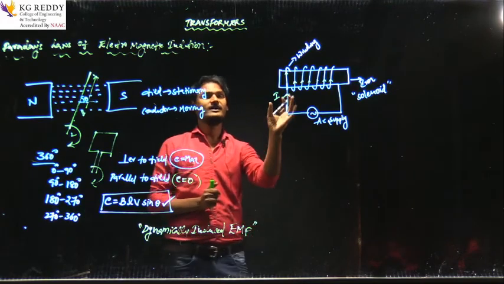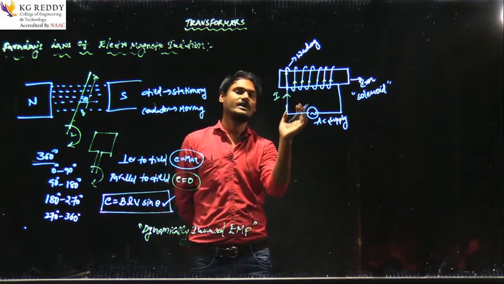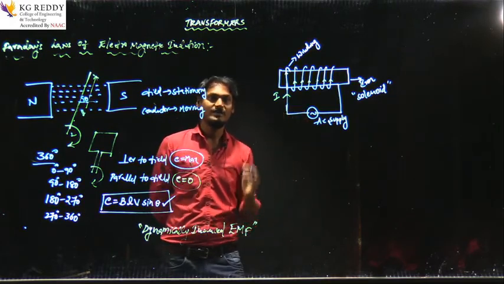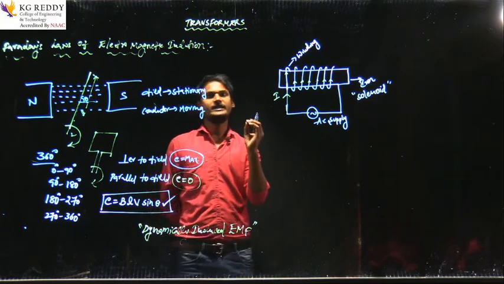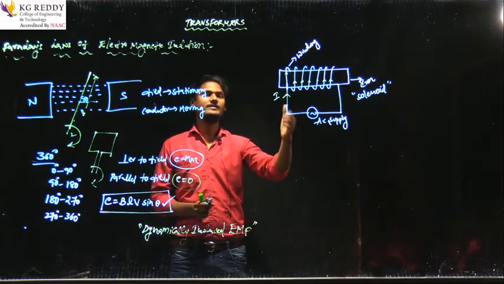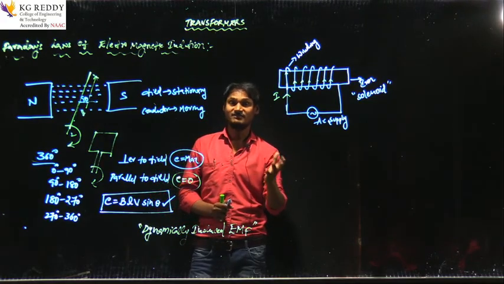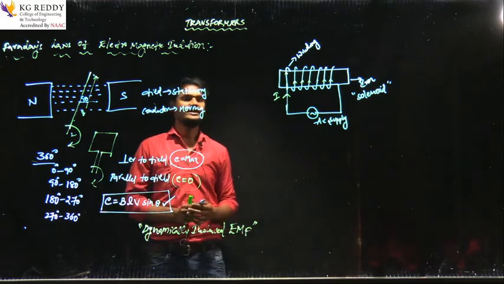So, that means the conductor is carrying some current, right. So, whenever a conductor is carrying current, there will be a possibility of magnetic flux developing, right. So, some kind of magnetic flux will be established across this winding.